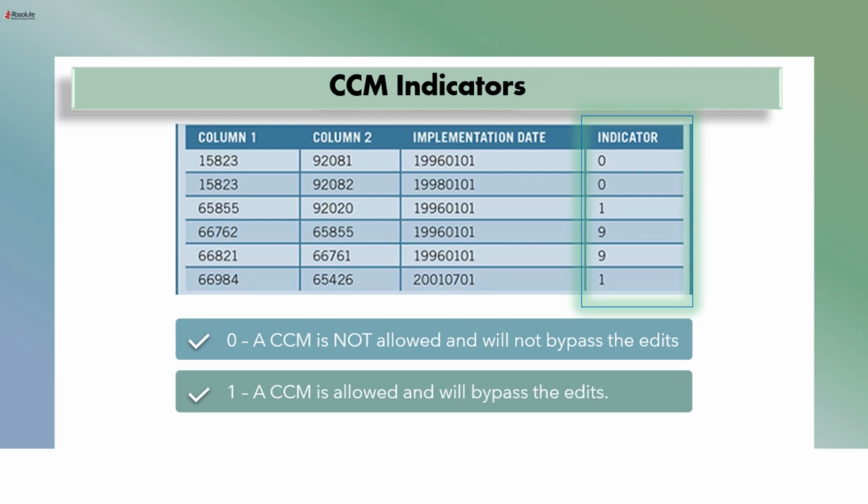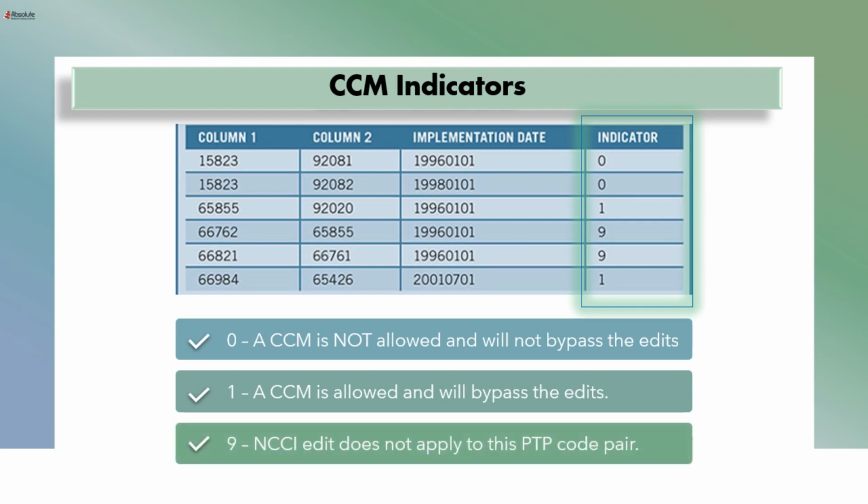Keyword, when appropriate, okay? So documentation must support the need for reporting those two codes together when they typically wouldn't be reported, okay? And a 9 just basically means the edit does not apply to the procedure-to-procedure code pair.